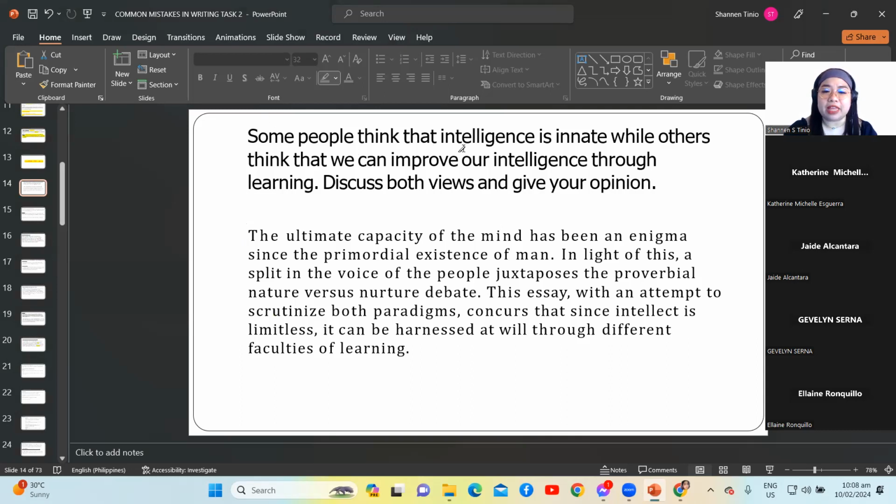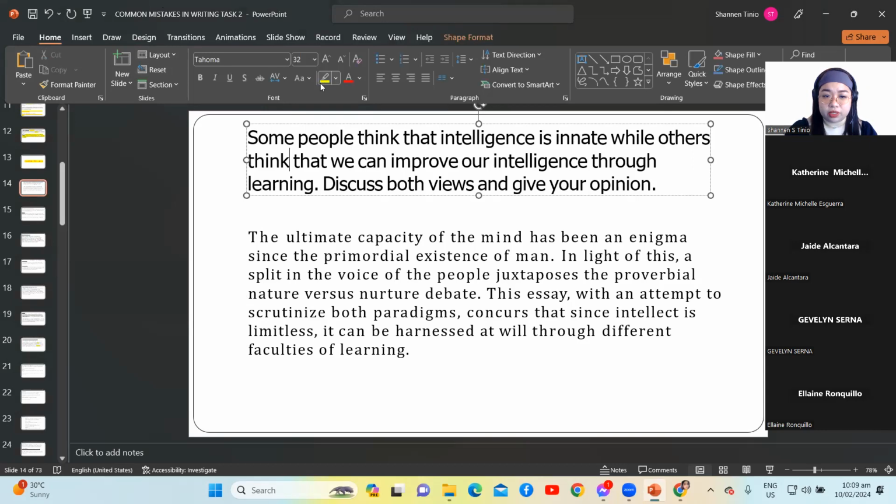So some people think that intelligence is innate while others think that we can improve our intelligence through learning. Discuss both views and give your opinion. Again, let's take a look at the keywords and the instruction. Ito yung instruction. Discuss both views.